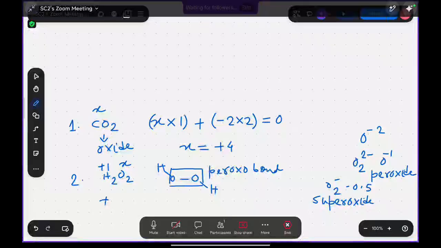So plus 1 into 2, because there are 2 hydrogen atoms, plus X into 2 is equal to 0. If you calculate, X comes to be minus 1.